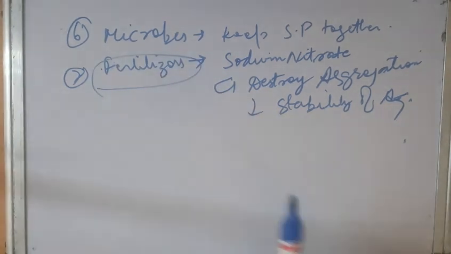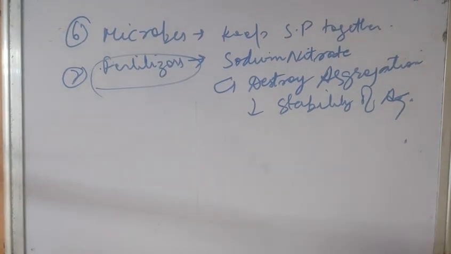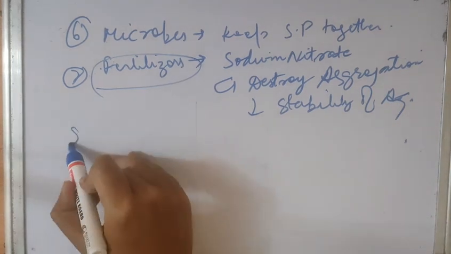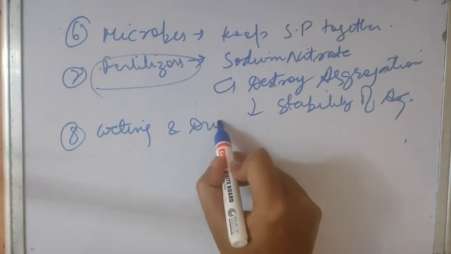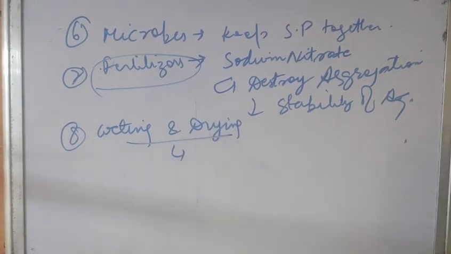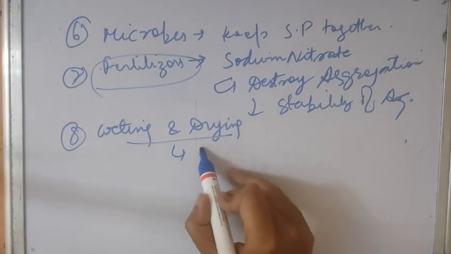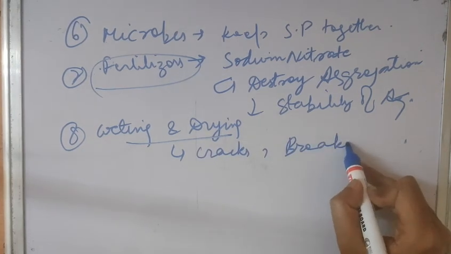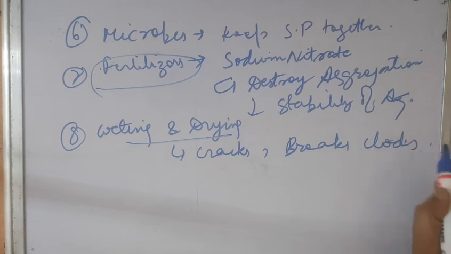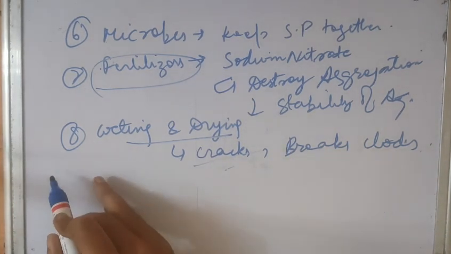That is why we should prevent applying high amounts of fertilizers in soil. Moving to the next factor, we have got wetting and drying. They form cracks and break clods. It is often called natural tillage, a self-tillage mechanism in black soil. They create cracks, which can be seen in black soils.